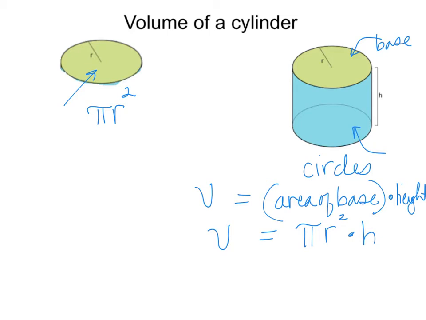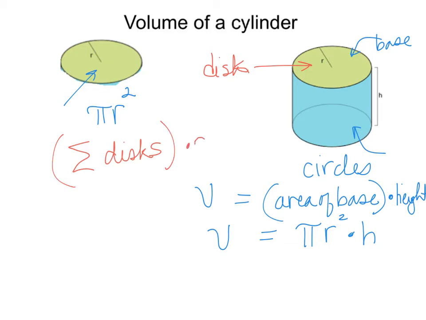So here's another way of thinking of this familiar object. Call the base, instead of a circle, a disk. You can spell it with a K or a C, it doesn't matter. Then we take the sum of the disks, the sum of all of them, and that would be the volume. Now, this idea lends itself to an integral.